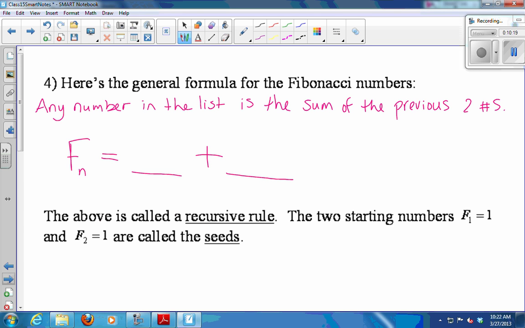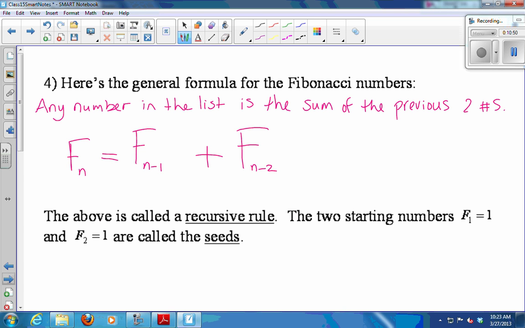What number comes right before F sub n? F sub n minus 1. And what number comes before that? F sub n minus 2. So there's my rule, my recursive rule for the Fibonacci numbers.